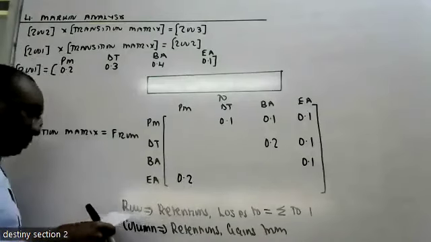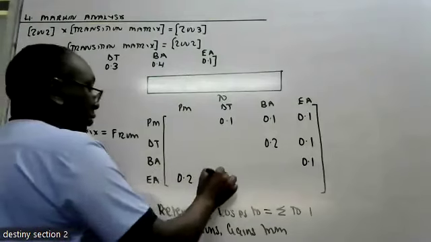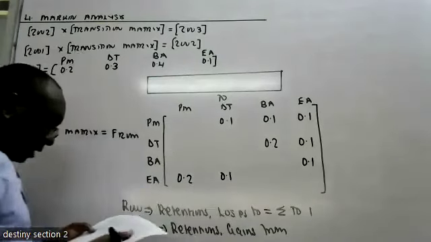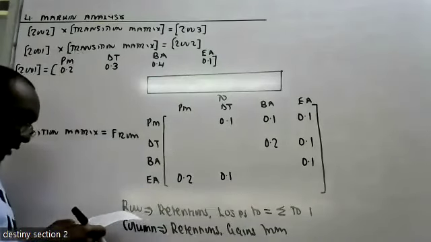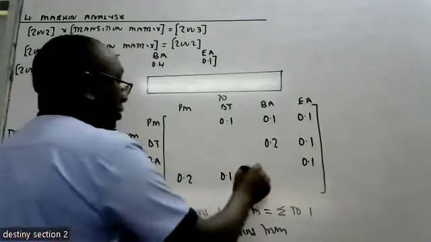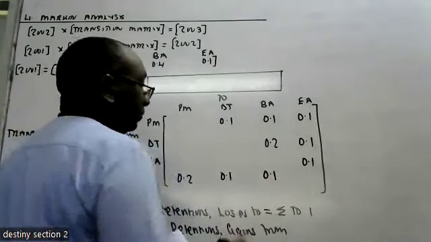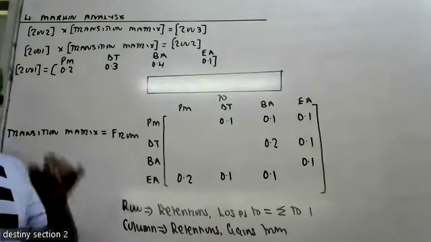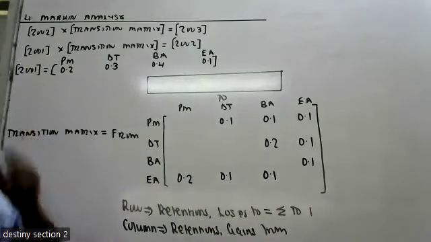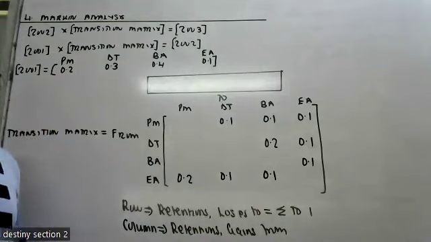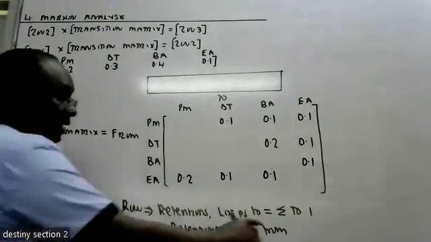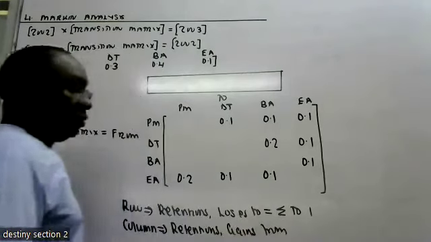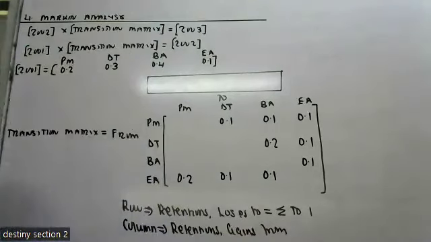And then 10% to DT, 0.1. And 10% to BA, 0.1. That is all. Now, after you are through with recording everything there, you need to confirm what we have said, that the rows must add to 1.